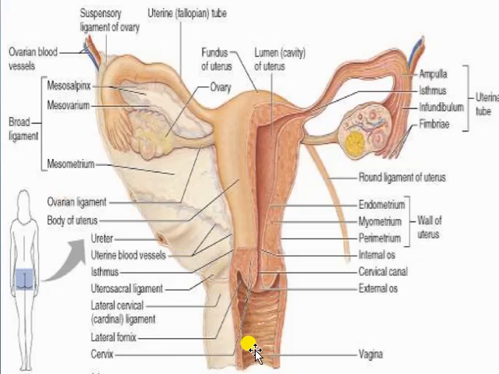So this is the vagina. Be clear, don't confuse the cervix and vagina. From here to here is the vagina, then from here to here is the cervix, and from here to here is the uterus. The uterus has the body and fundus. So don't get confused here.